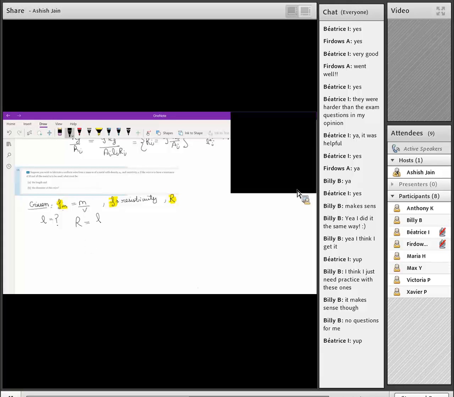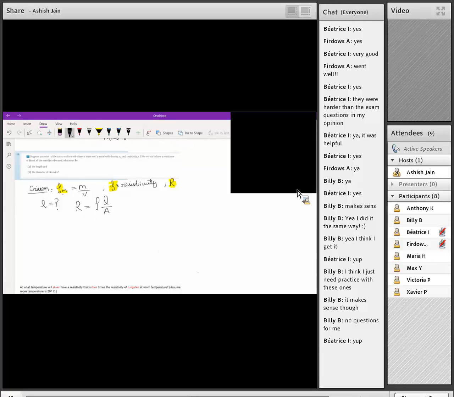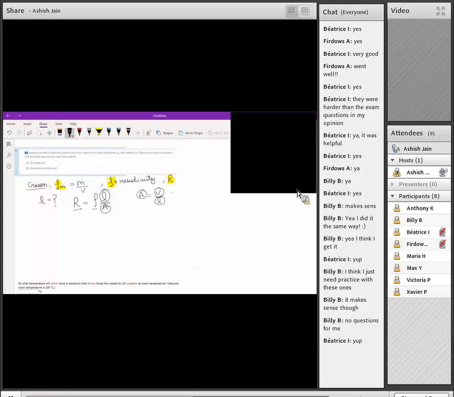You know that R equals rho L by A. This equation seems to be working everywhere, right? We have to find L here. We have rho, we have R, we don't have A. What is A? V by L: the volume is area of cross section into length.